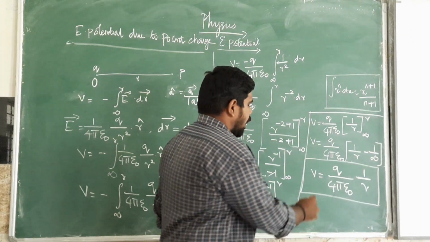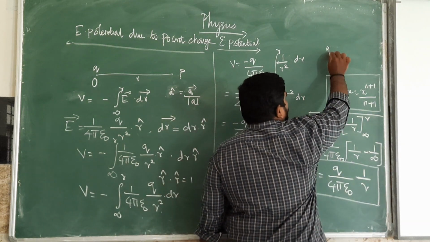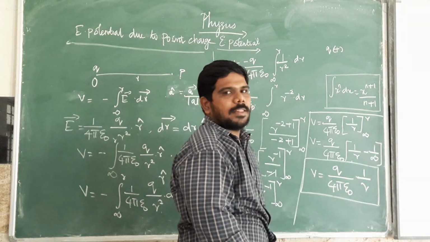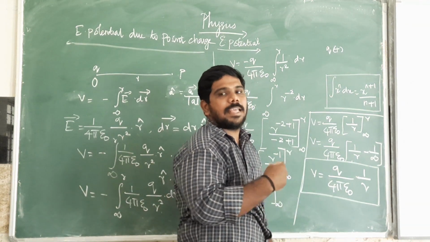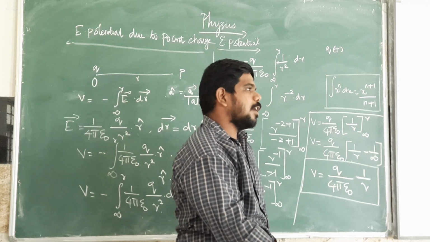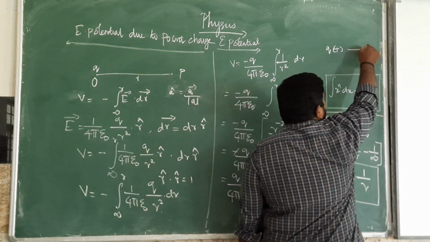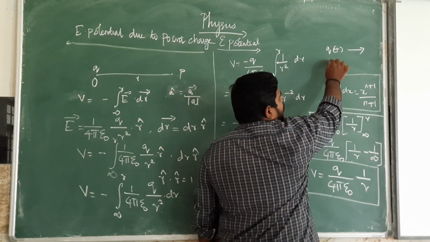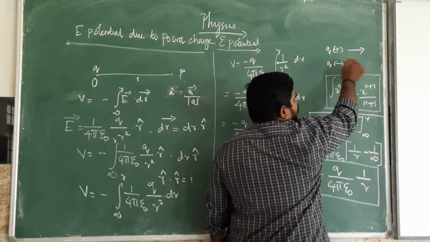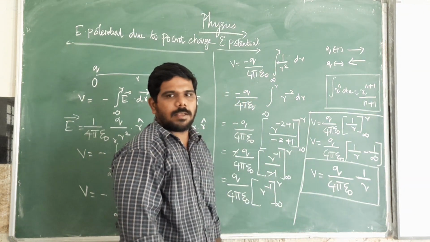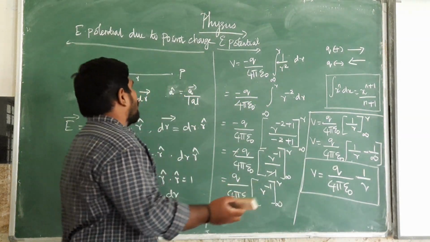First point: if the source charge is positive, the electric potential will be radially outward. At the same time, if the charge is negative, the electric potential will be radially inward. Okay, so let's see the points.